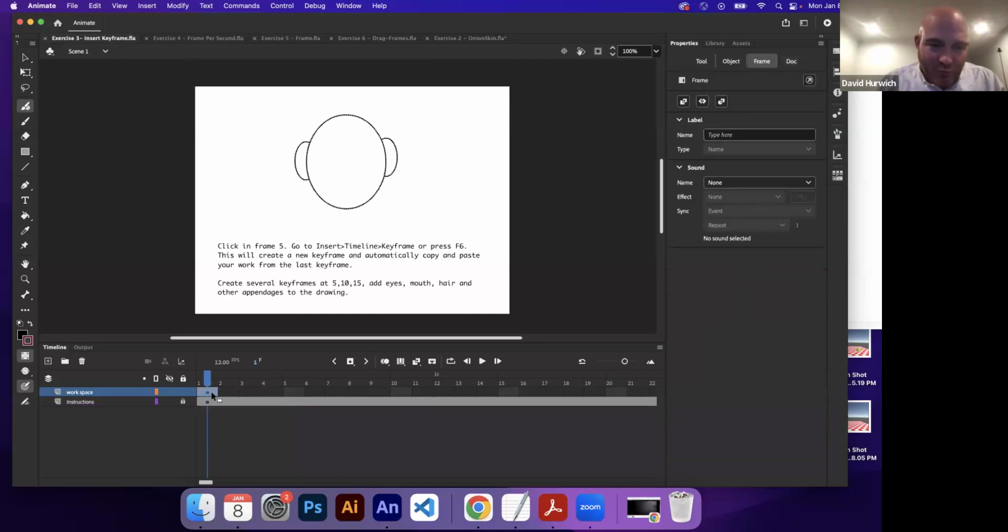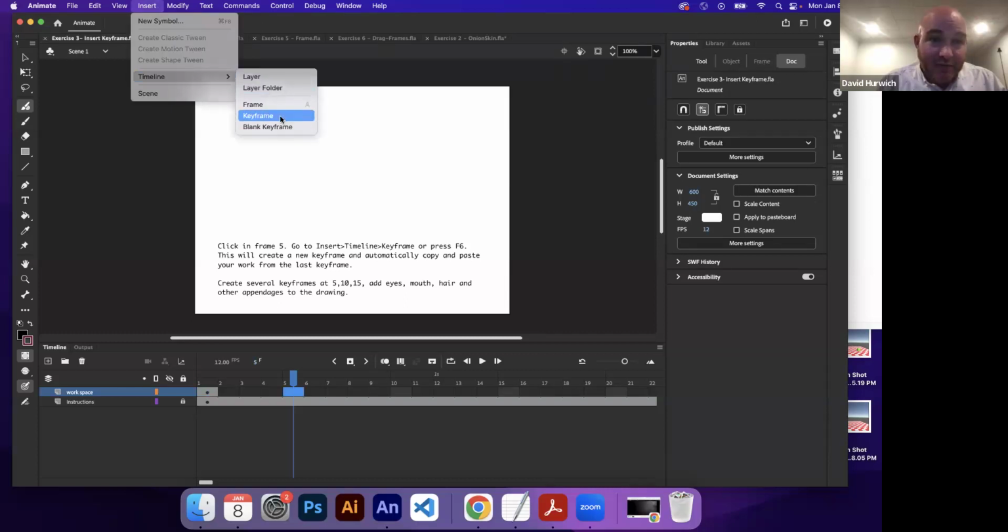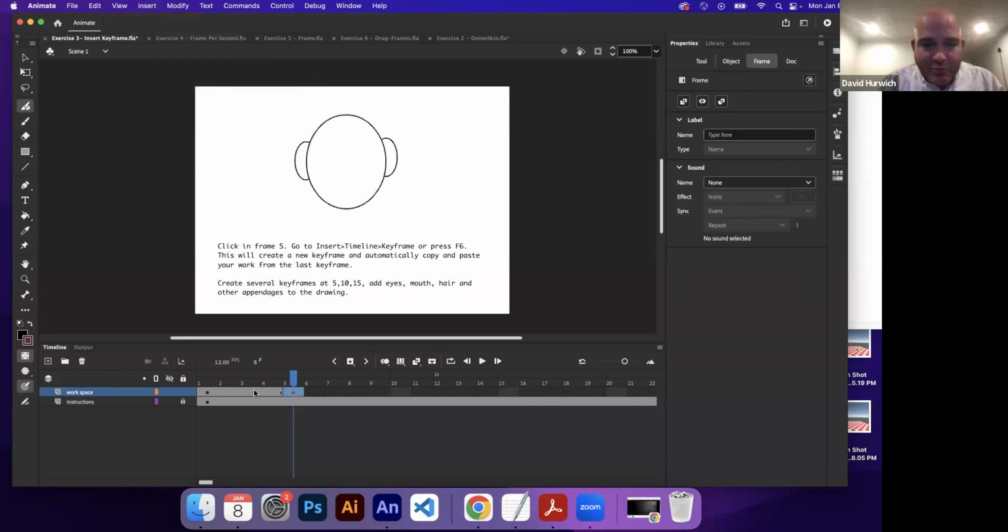So here in keyframe 1, you can see I have the head of this character. I'm going to go to frame 5, and instead of doing an insert blank keyframe, I'm going to do a keyframe. When you do that, it copies whatever was in the last keyframe and brings it to your new keyframe.